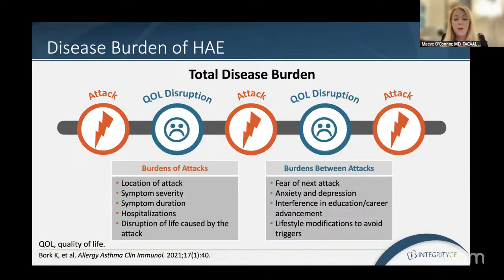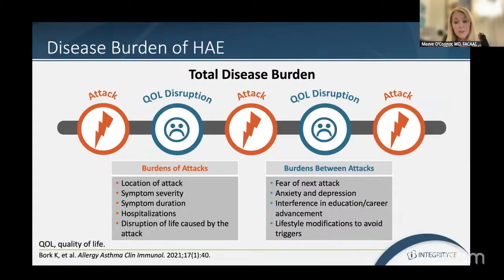They can live with the constant fear of unpredictable swelling episodes, which can not only be disfiguring and uncomfortable, they can also be life-threatening, as I mentioned, but they can also severely impact quality of life, whether that's on work, school, or just normal daily activities.